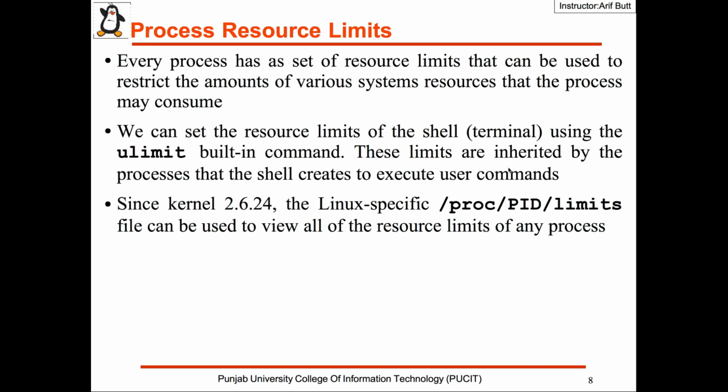We can view as well as set the resource limits of the shell or a terminal using the ulimit built-in command. These limits are inherited by the processes that the shell creates to execute user commands. And since kernel 2.6.24, the Linux specific file, that is /proc/PID/limits, can be used to view all the resource limits of any process.